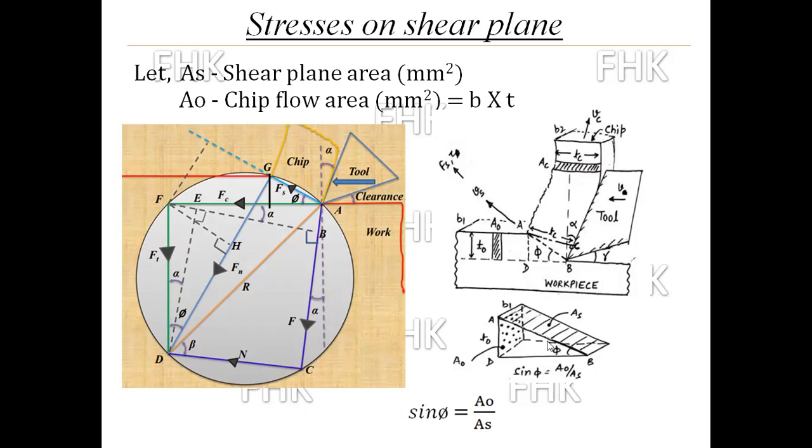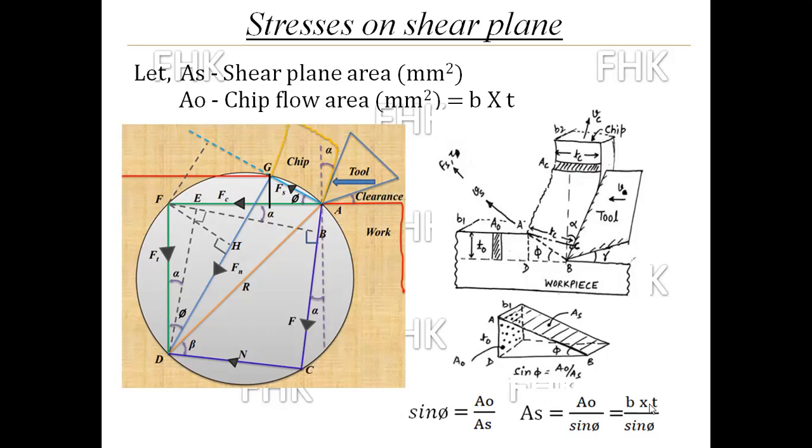So what is the value of AS? AS will become A0 divided by sine phi, and A0 is nothing but B into T, where T is the uncut chip thickness. Here it is denoted by T0 because it is showing the area of A0.